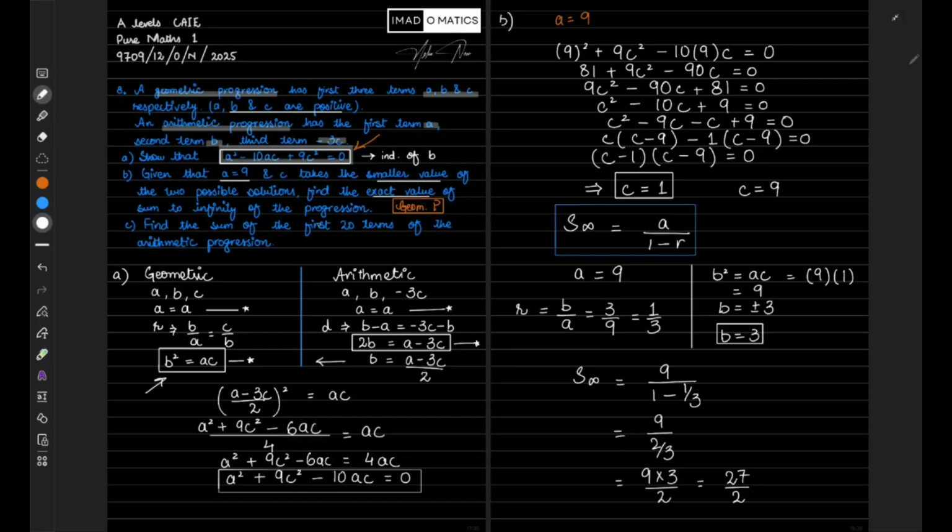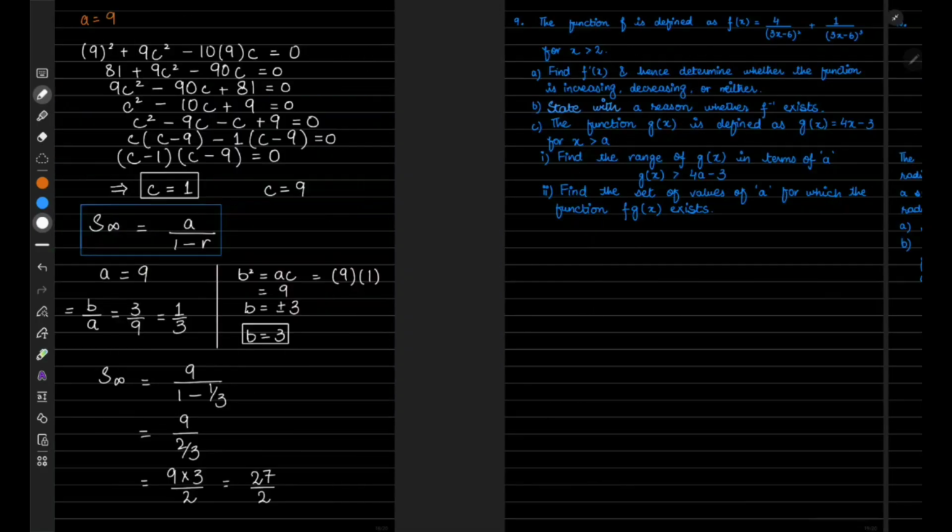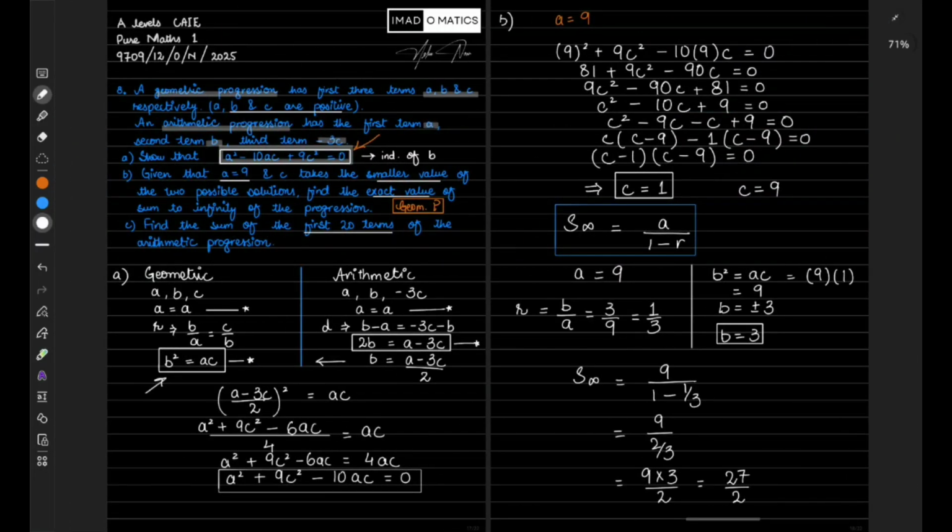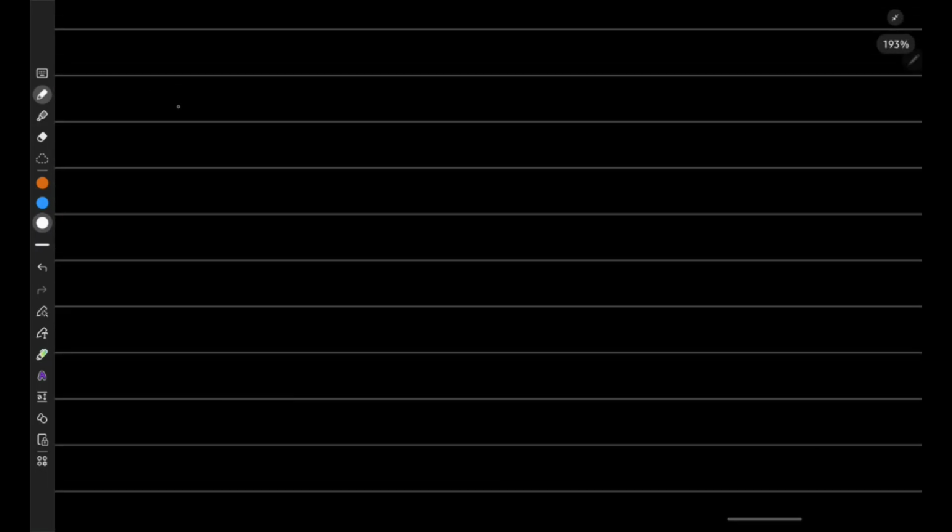Now they say find the sum of the first 20 terms of the arithmetic progression. Okay, for the arithmetic progression, we need sum of n terms equals n over 2 times (2A plus (n minus 1) times D).